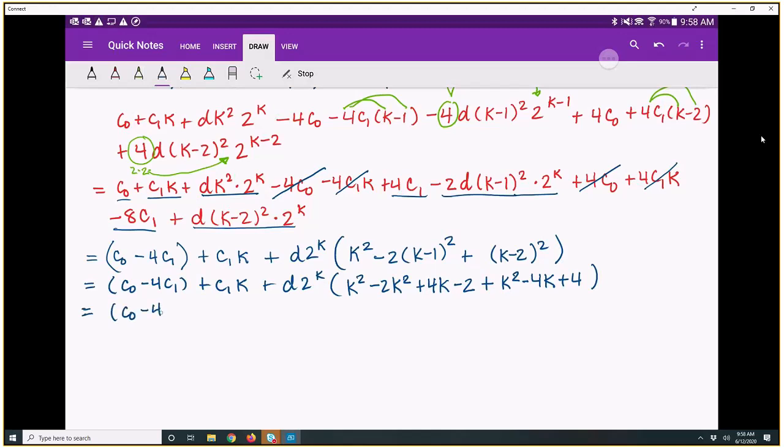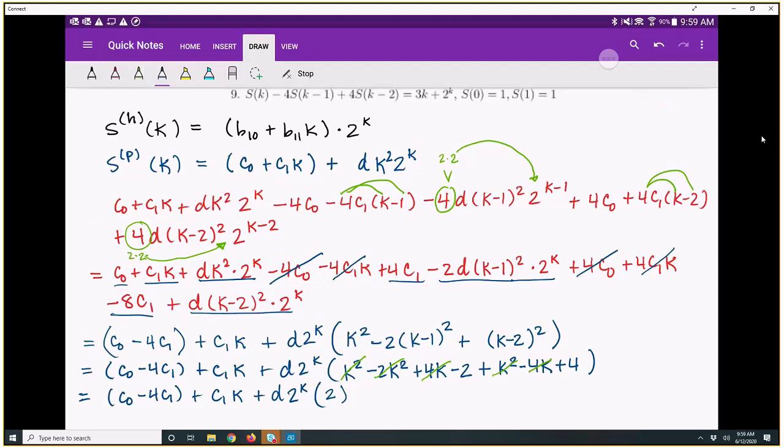And I think I'll get some cancellation there inside the parentheses. It looks like the k squared is going to cancel: k squared plus k squared and minus 2k squared. Then I have plus 4k and minus 4k. So all that's left is times 2, because I have 4 minus 2, so that's times 2 here in the parentheses.